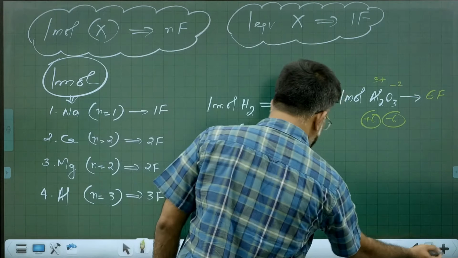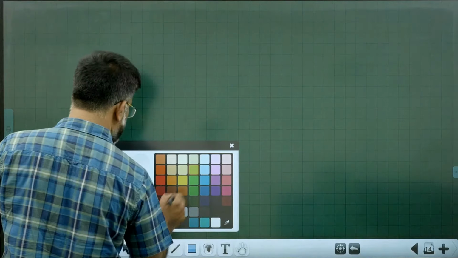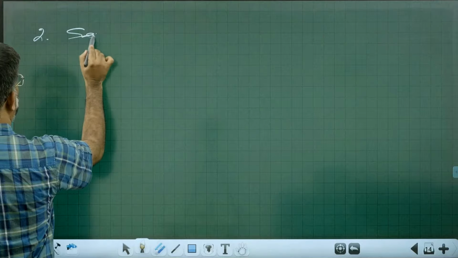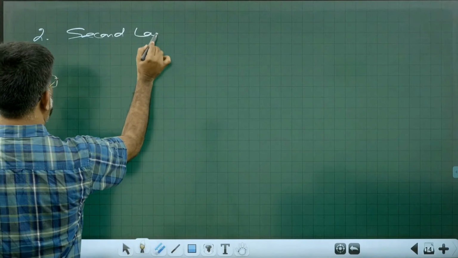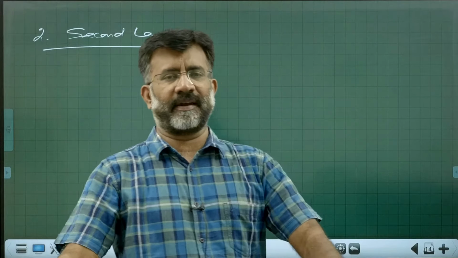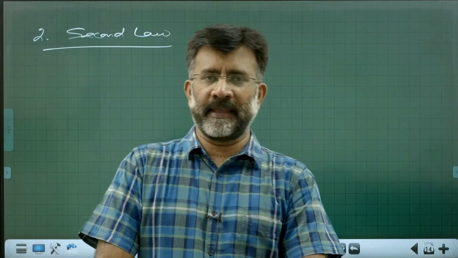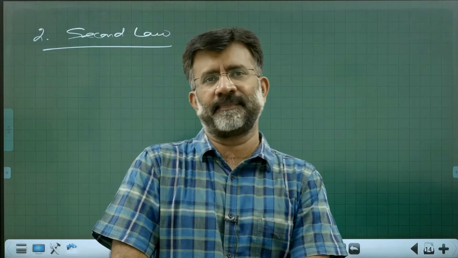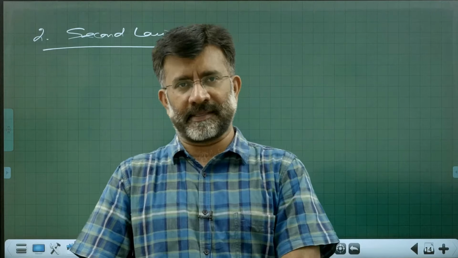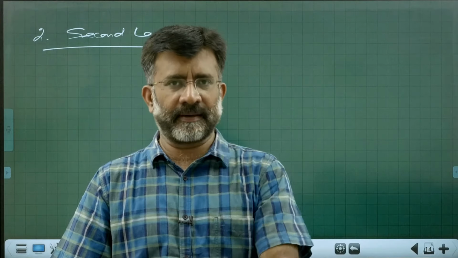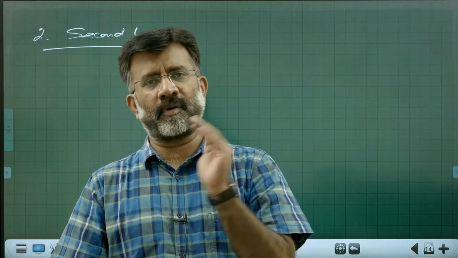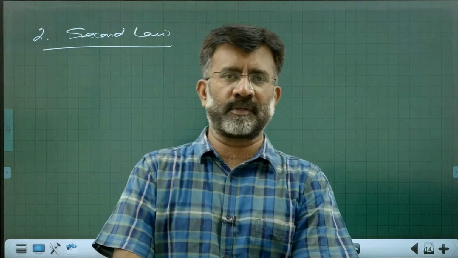Next is Faraday's second law. What is the statement for Faraday's second law? Faraday's second law states that the amount of matter deposited in 2 different electrochemical cells will be directly proportional to their equivalent mass, provided the same quantity of electricity is passing through the solution.